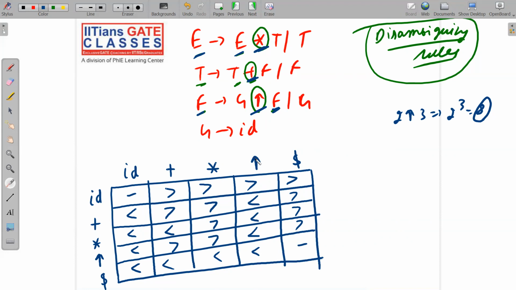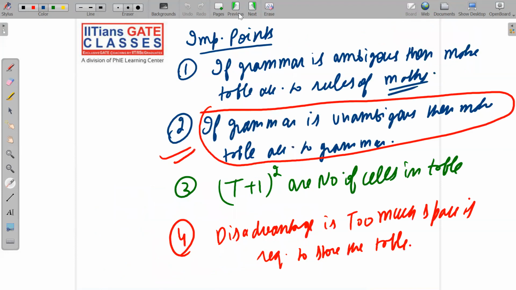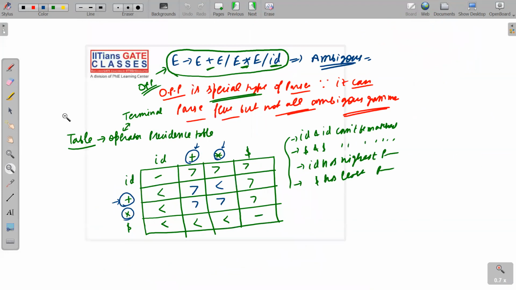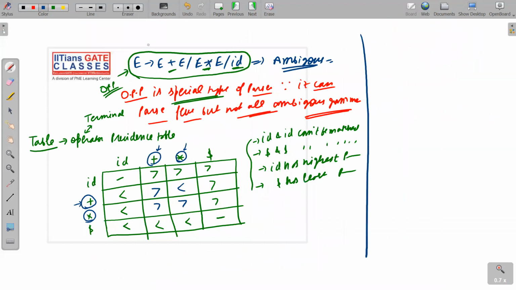Okay, so now let me show you the algorithm part. Now you will get more clarity. Let me jump to the previous slide. The table we have already constructed, and now I'm going to show you how this parser is going to work.